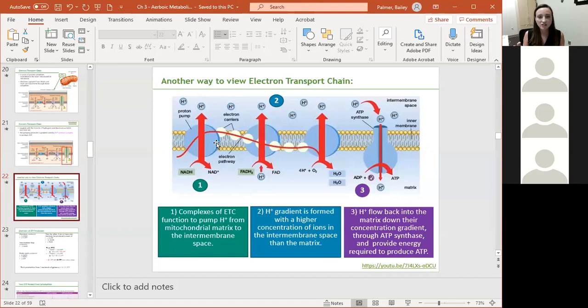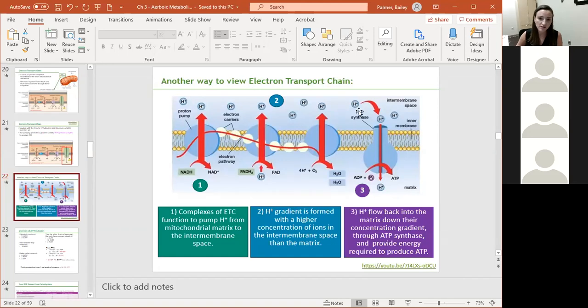An electron transport chain literally means a transport chain. So this is the electron pathway right here, this pathway that goes through the middle of that membrane. That's where the electrons will travel, and then the hydrogens will flow across the top of this membrane.